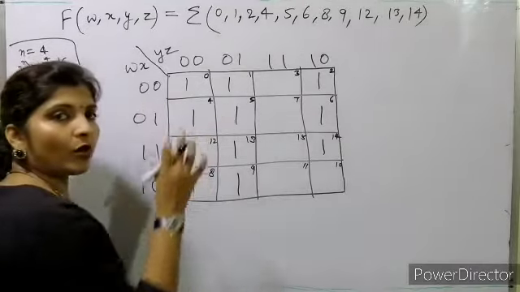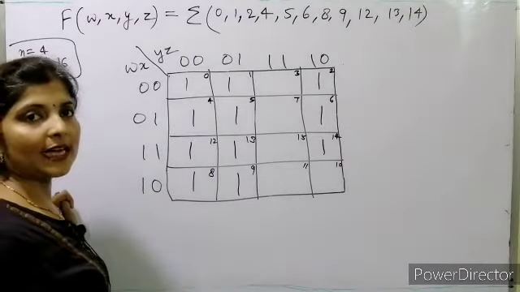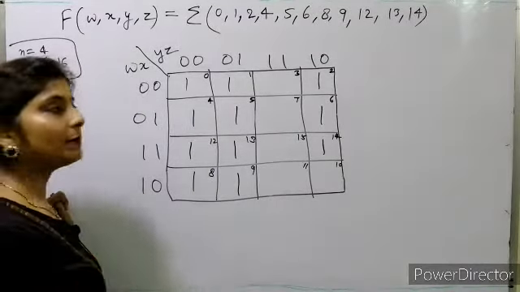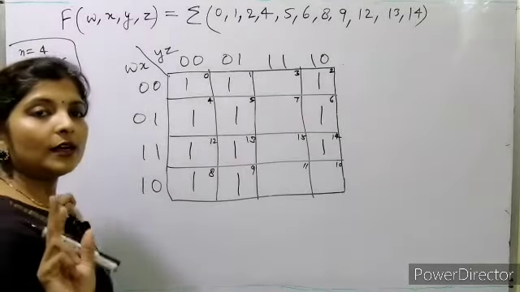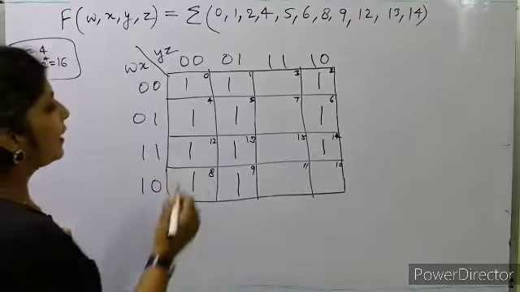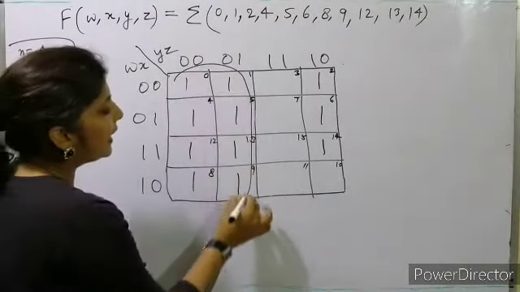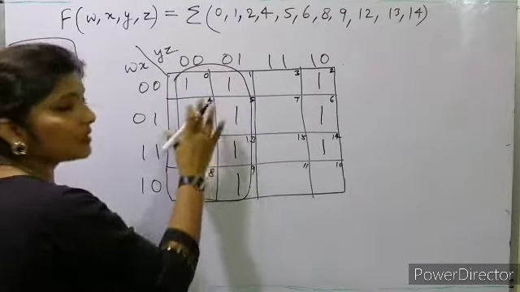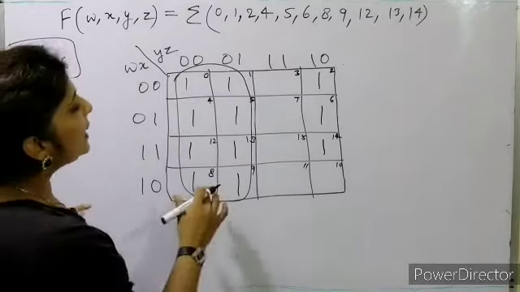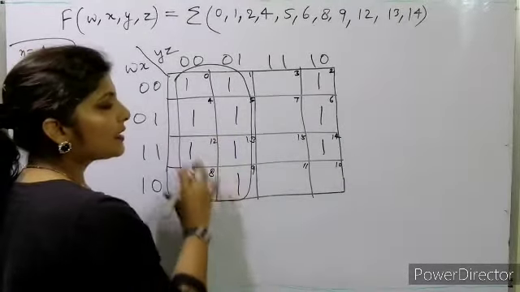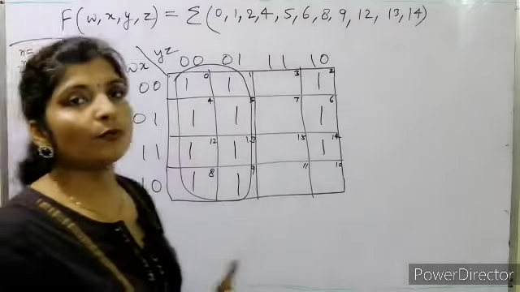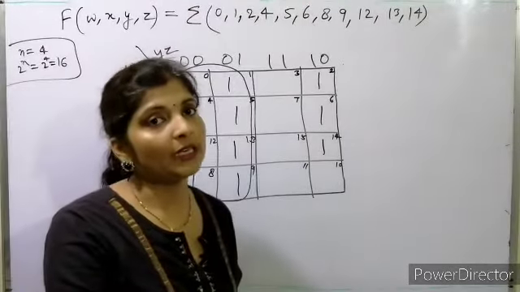If we are taking 4 boxes at a time, 4 squares at a time, 2 missing, only 2 variables will be there. So when we are taking 8 at a time, then what will happen? 3 missing, one variable will remain. So here we can take 8 at a time, because we can take this one. So anything horizontally, vertically, and boxes, squares, we take any adjacent boxes, adjacent squares.